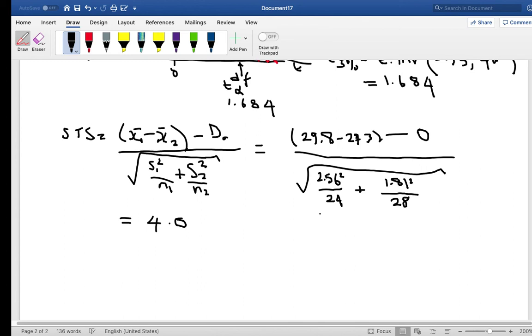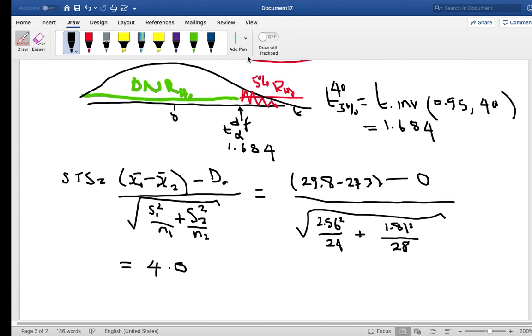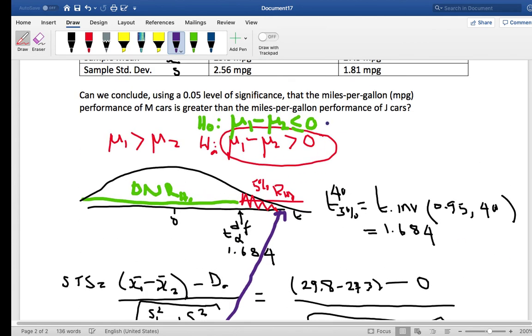But whatever it's coming to, let's have a look. 4.0 is going to fall way out here. So our conclusion is reject H0. So again, on this question, we reject H0.